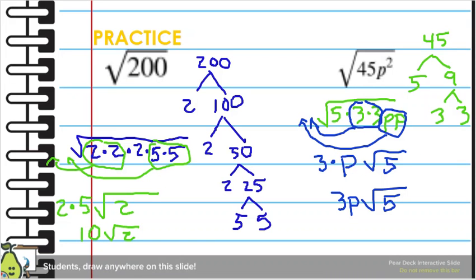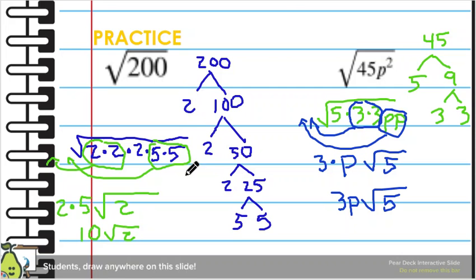All right, hopefully you paused the video and you did it on your own, and here are the 2 practice problems. So square root of 200, I did 2 times 100 because I know that gave me 200. 100 I can break down more, 2 times 50 gives me 100. 50 I can break down more, 2 times 25 will give me 50. 25 I can break down more because 5 times 5 gives me 25. And now I have nothing but prime numbers.